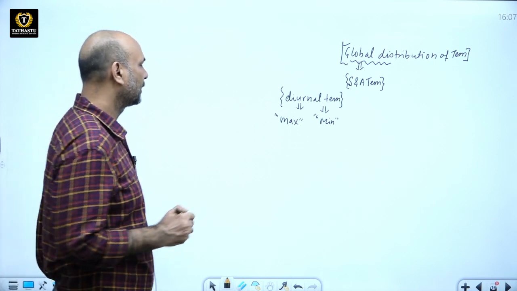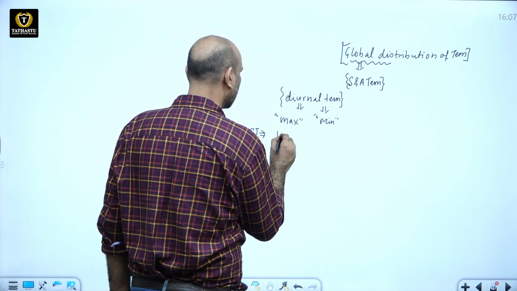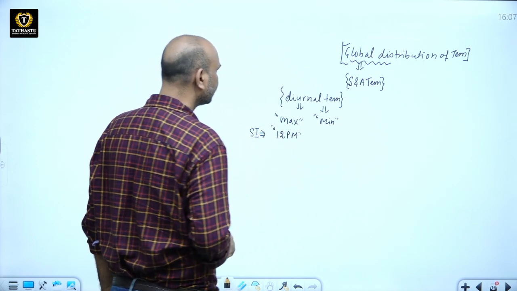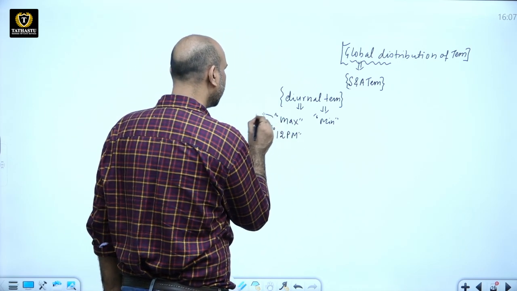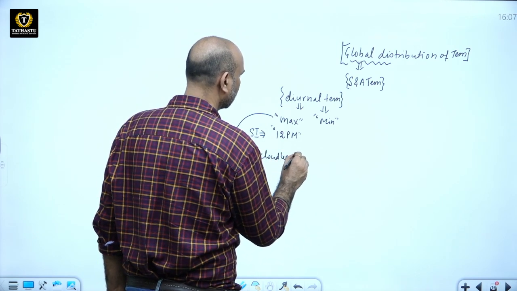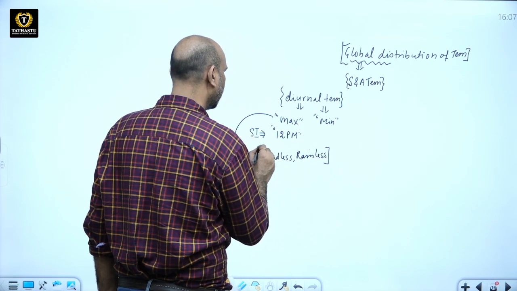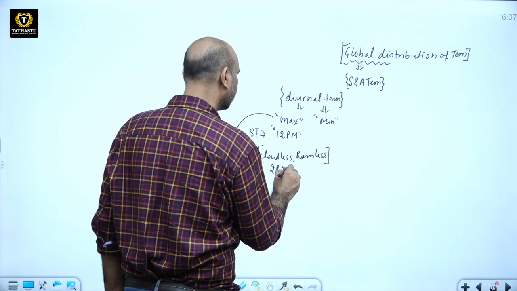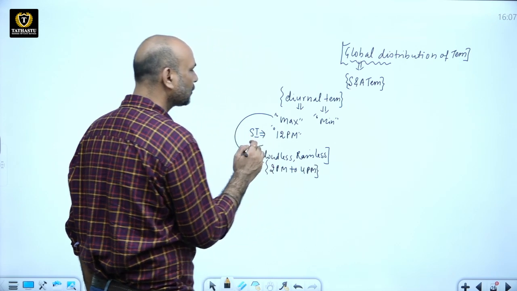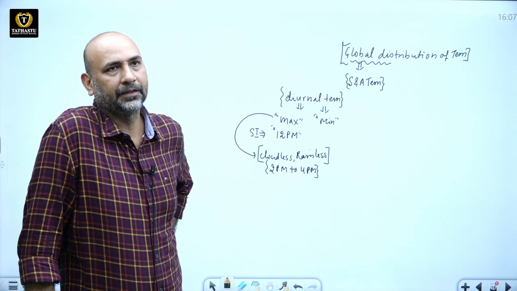So remember that solar insolation is maximum at 12 p.m. midday, but the maximum temperature for a cloudless and rainless day, which is described as a normal day, is between 2 p.m. to 4 p.m. Because solar insolation is not directly responsible for atmospheric heating.